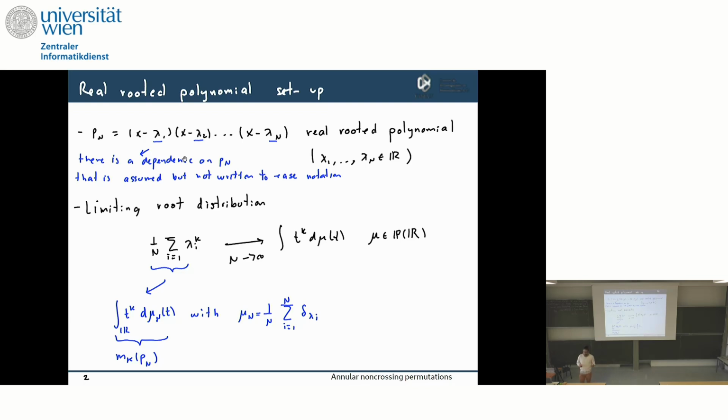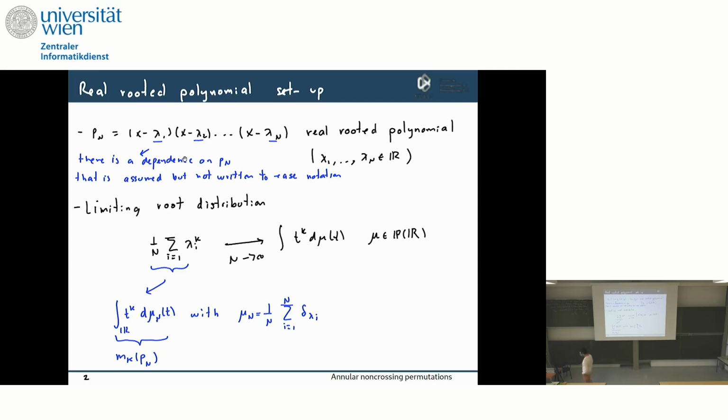And again, I analyze now the limiting root distribution by just taking the average of the kth powers of the roots of the polynomial. I'm going to say that this has a limiting root distribution when I let n go to infinity, if that coincides with the kth moments of a limiting measure. Note that these kth powers are also the kth moments of this discrete measure.